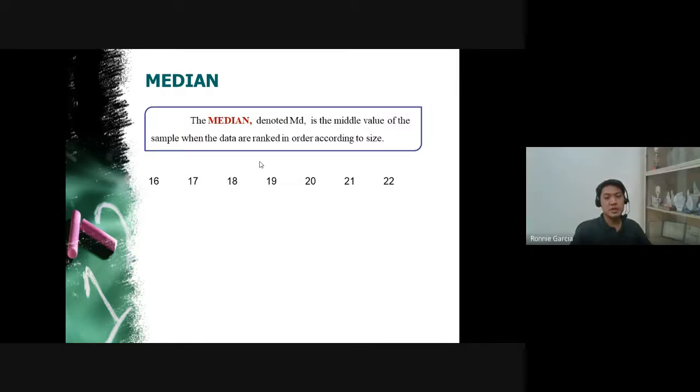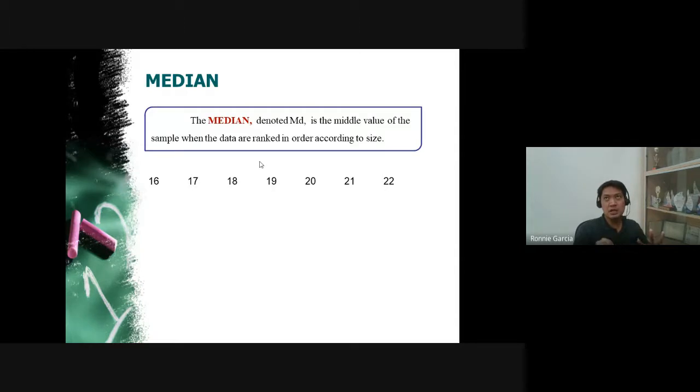So the difference between the mean and the median is that for the mean, there is no need to arrange. You just compute. I-enter lang sa calculator and then divide later on. I-add and divide by the number of data. For the median, there is a need to arrange. So you cannot get the correct answer kung hindi arrange ang data mo.